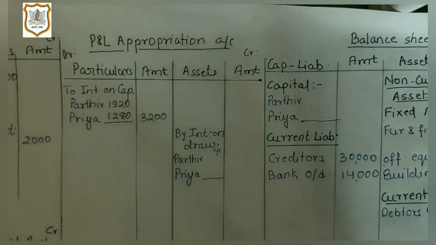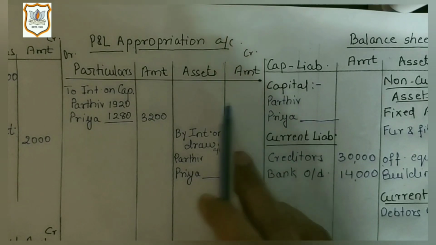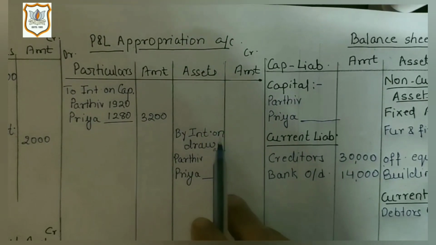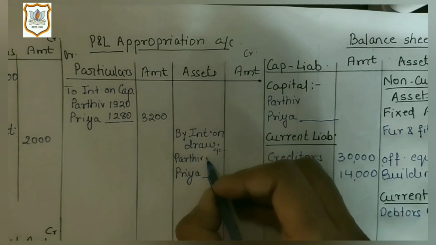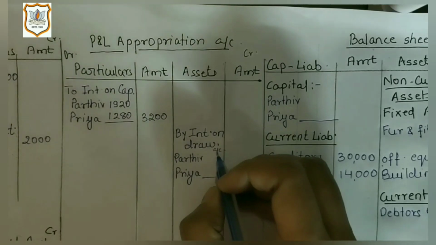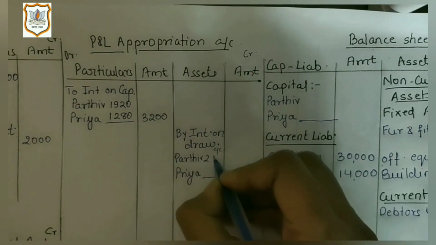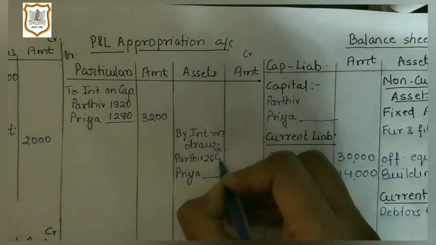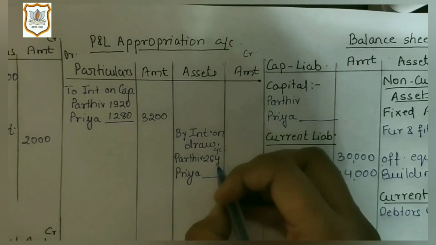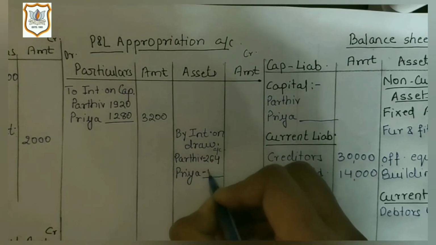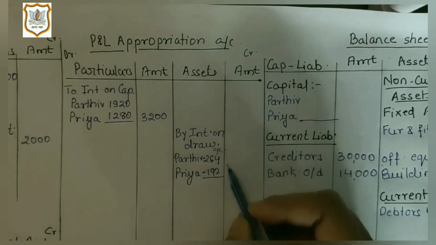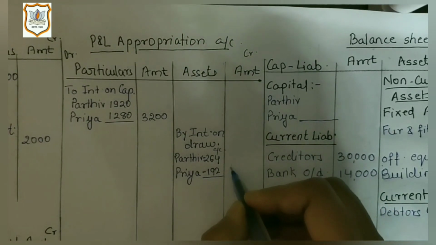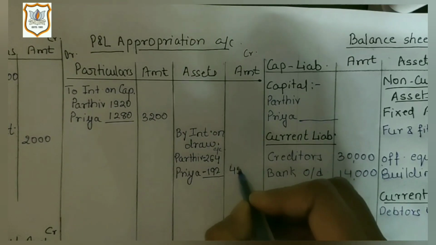We will record it on credit side of profit and loss appropriation account, since it is receiving it from its partner. So 264 is Parthiv's interest on drawing and 192 for Priya. Now take total and write it in outer column, that is 456.